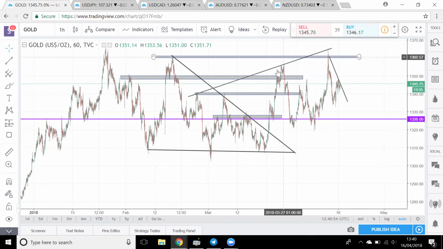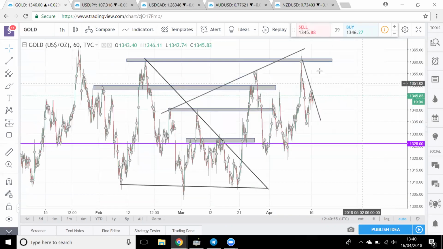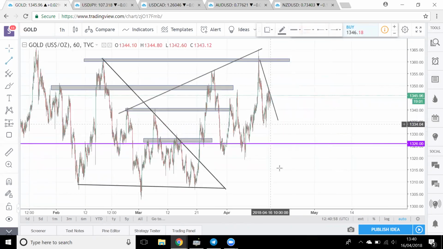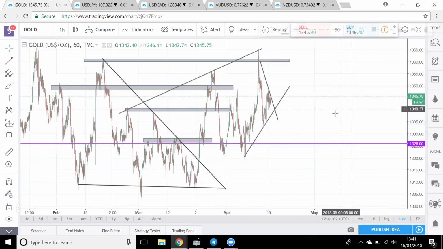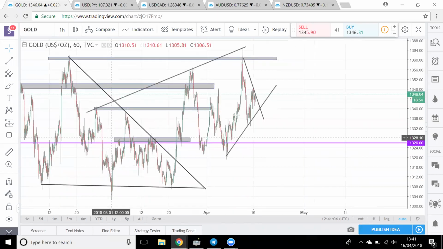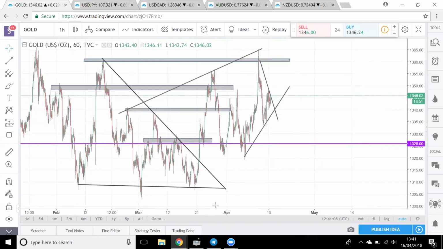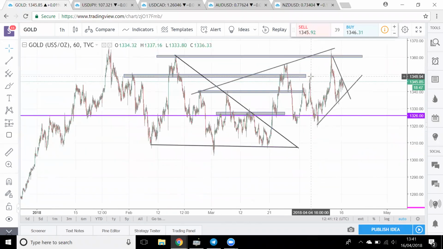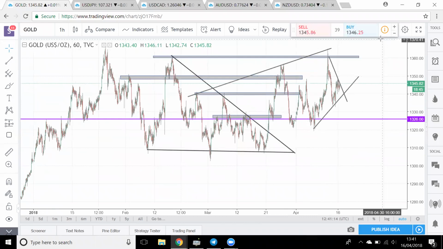1309 kind of range. And so, for a clear direction on where we're going, we will need to see a break of the range. So I want to see the range being broken. So yeah, I want to see higher than 1370 and lower than 1300.